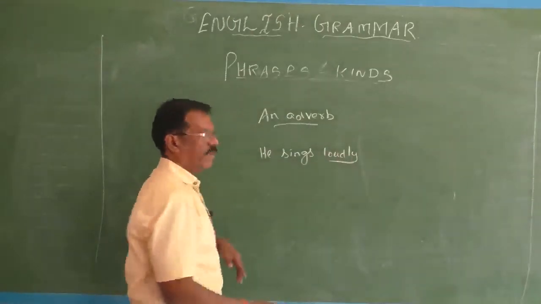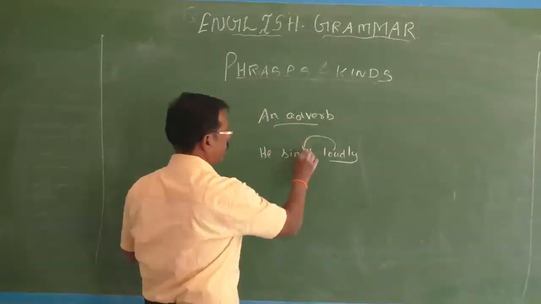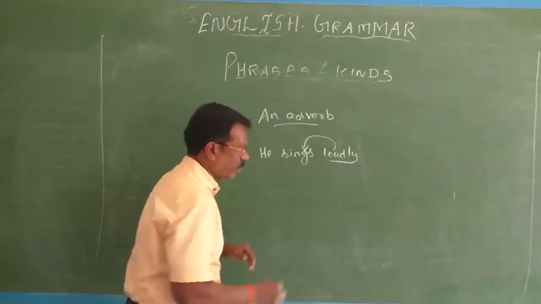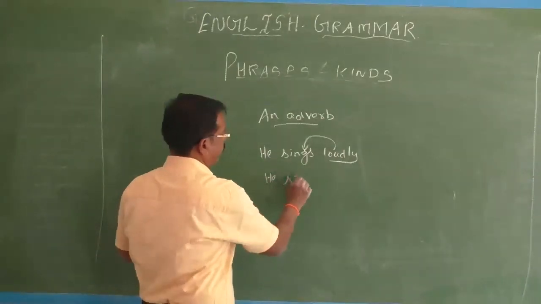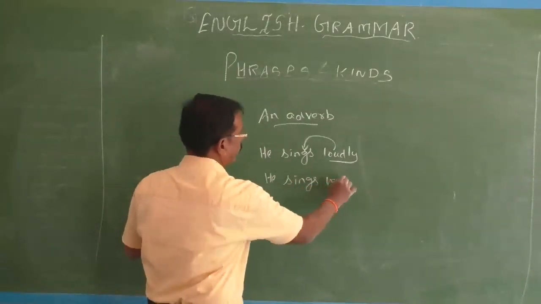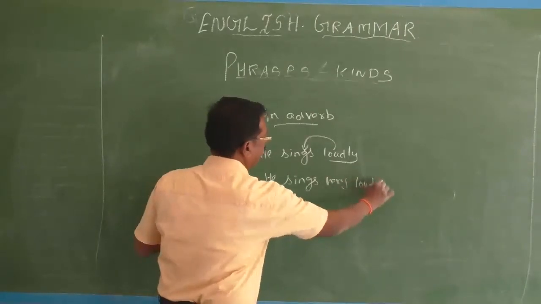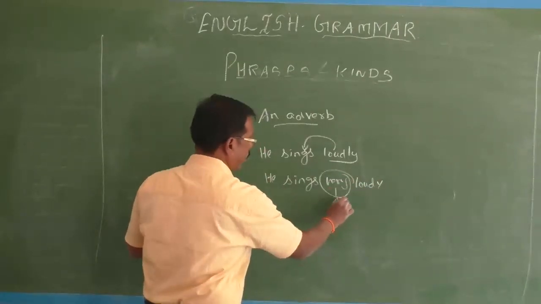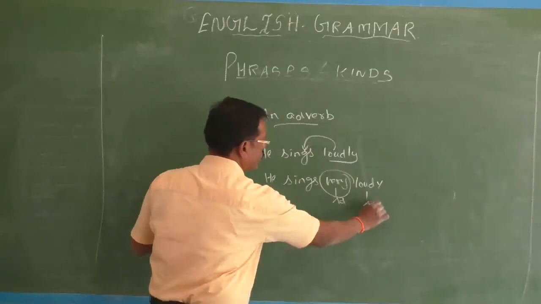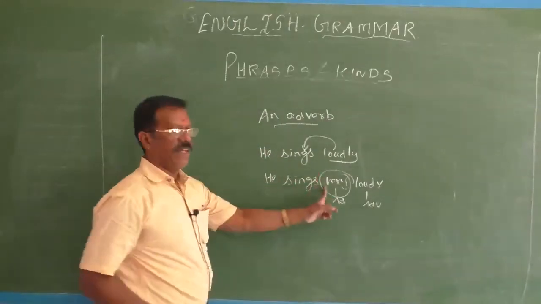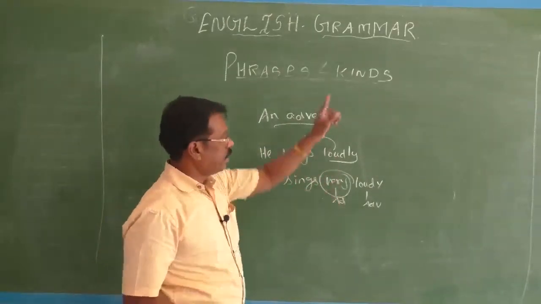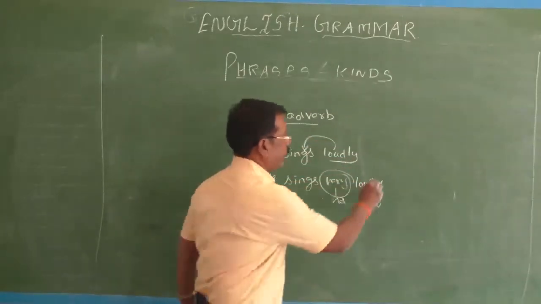Here loudly is an adverb. It modifies the verb sings. Okay. He sings very loudly. Here very is also an adverb. Loudly is also an adverb. Here this very modifies another adverb, loudly.